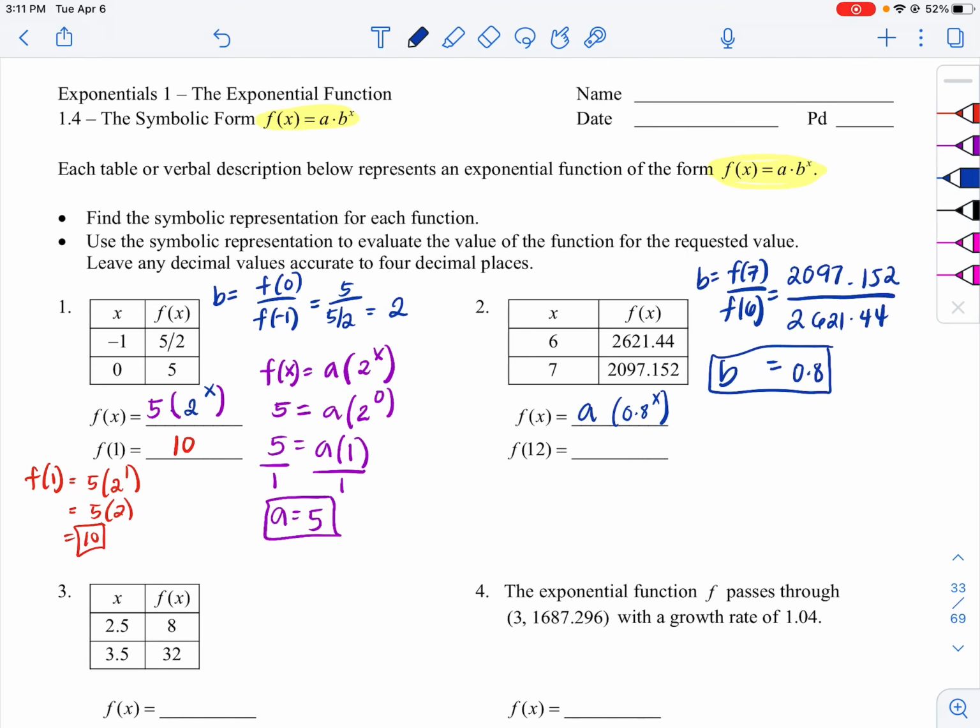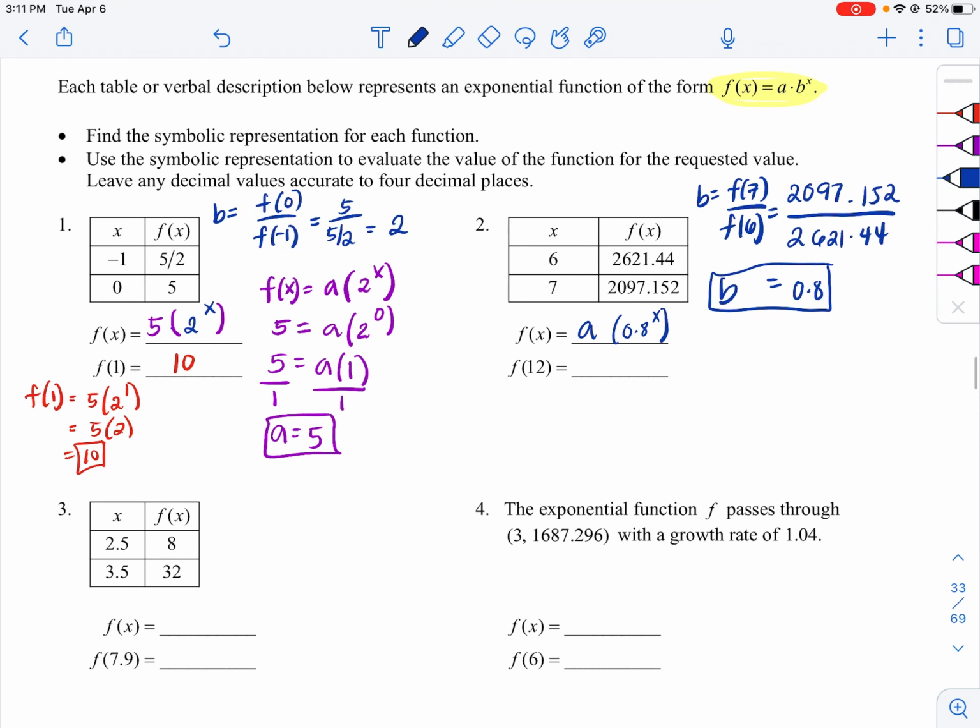Now that I have my b value, I can solve for my a value. So this is f of x equals a times 0.8 to the power of x. I can use either 6 and 2621.44, or I could use the next pair. But why don't we use the one that is smaller?